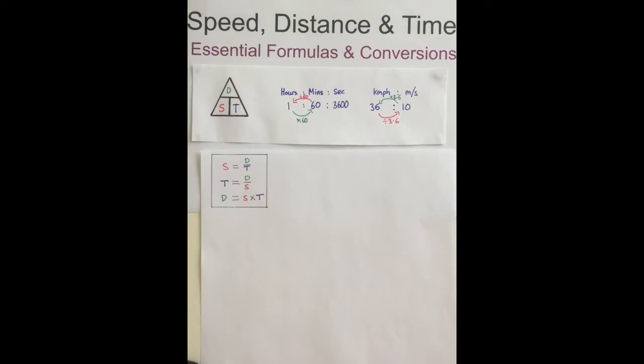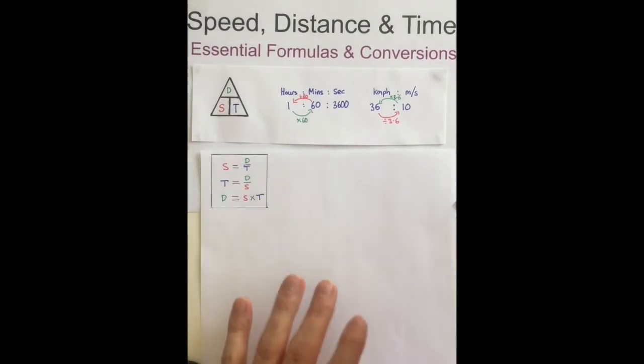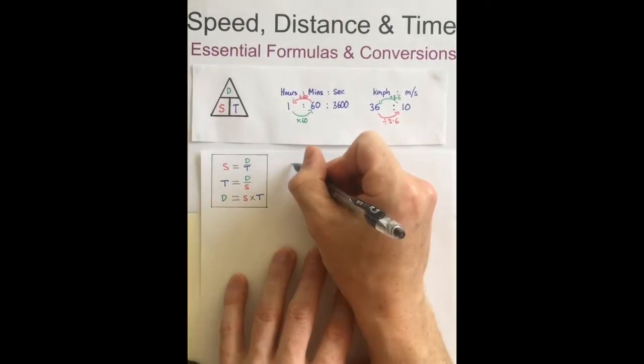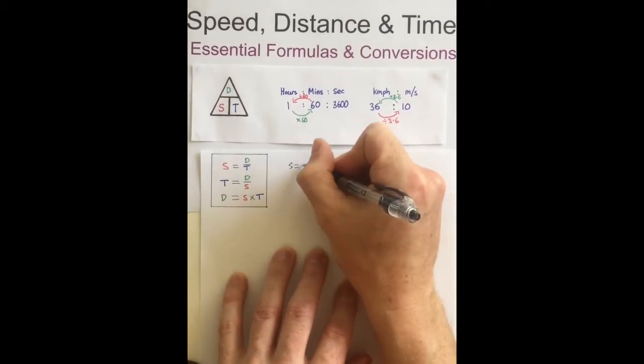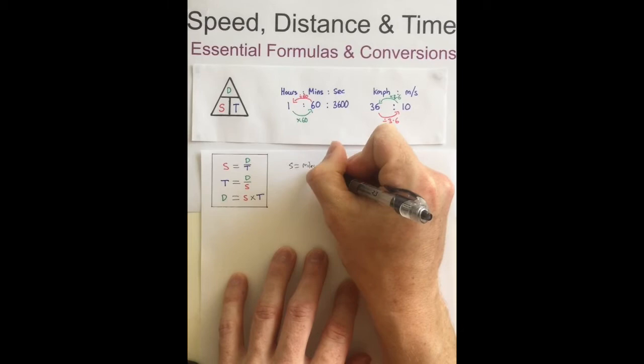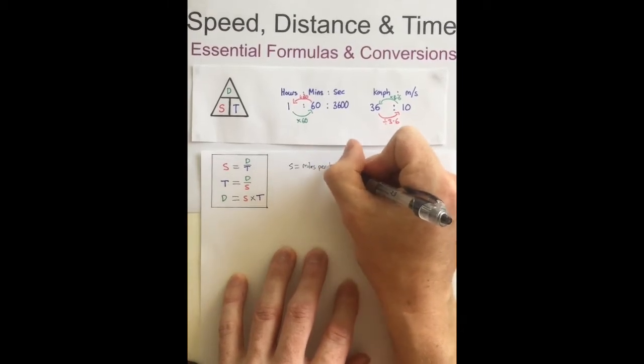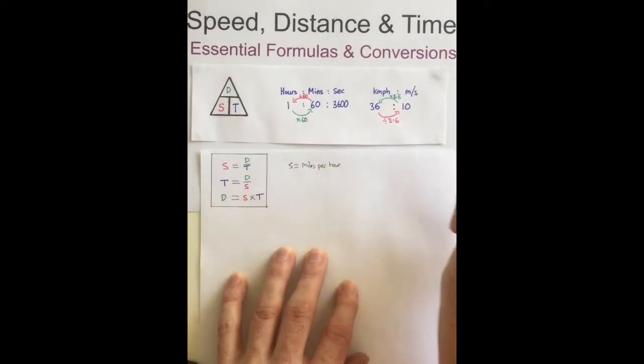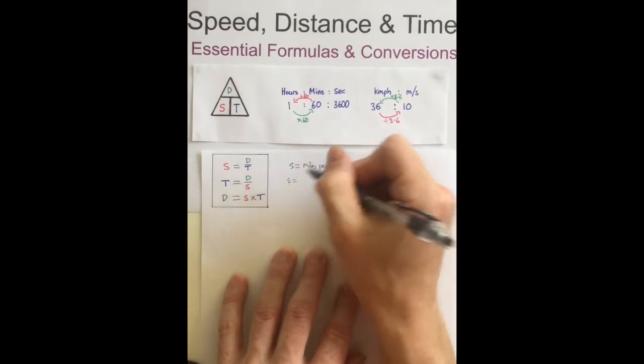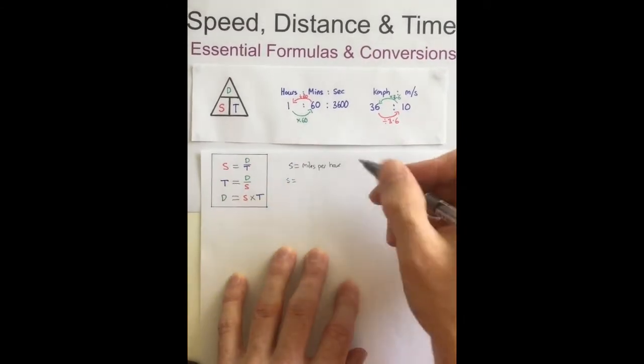Now, where do they come from, you might ask. Well, speed can be measured in miles per hour. And another way of writing per is divide, miles divided by hour.